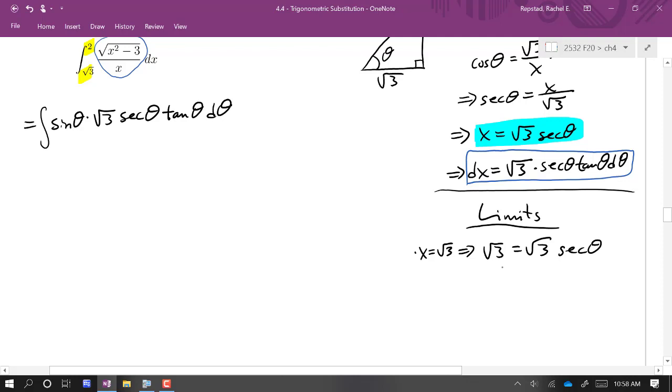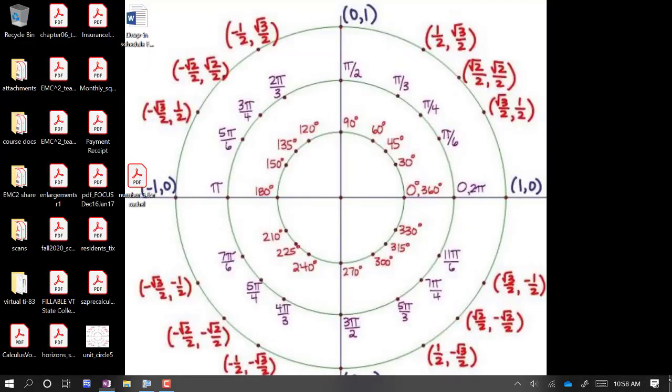And that means that secant theta has to be equal to 1, which means cosine is equal to 1. They're reciprocals. If we look at the unit circle, we can see cosine is the x coordinate. So that happens at 0 radians.